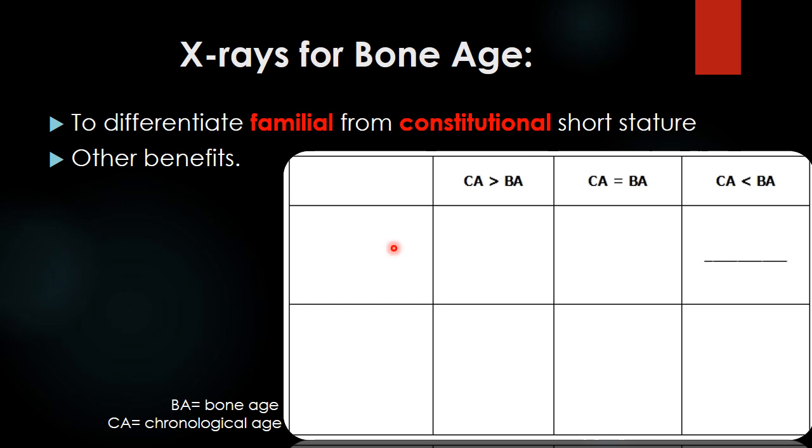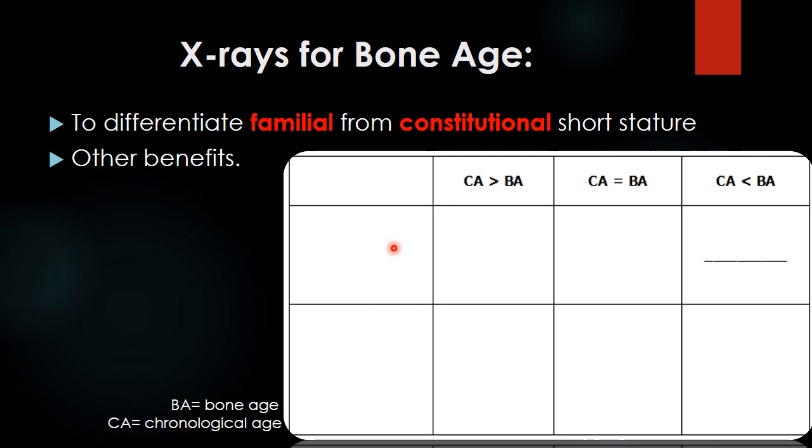Now, to bring out the importance of bone age in the assessment of short stature, one of the most important things that bone age would be helpful for is to differentiate between familial and constitutional short stature. However, it would be helpful in differentiating many other causes of short stature.